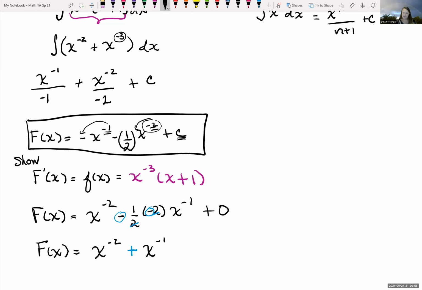This should have been x to the -3 power in here. Let me just see. Right here, when I subtract 1 from my exponent of -2, -2 minus 1 is -3.